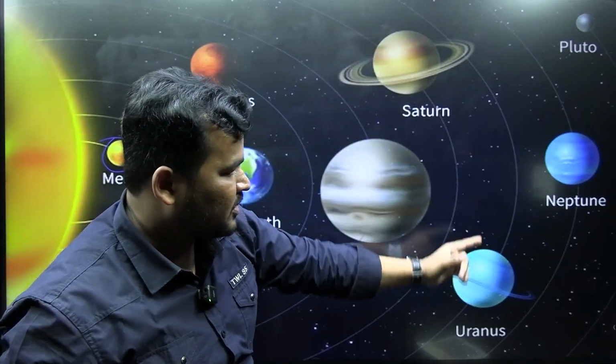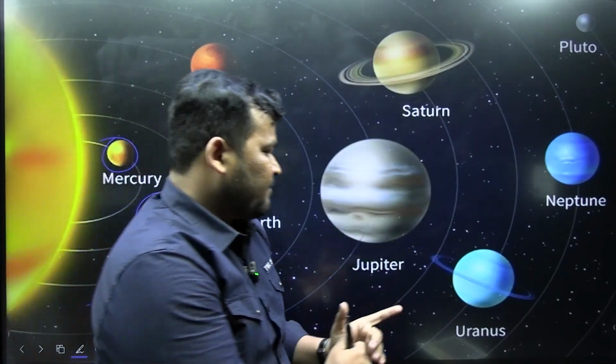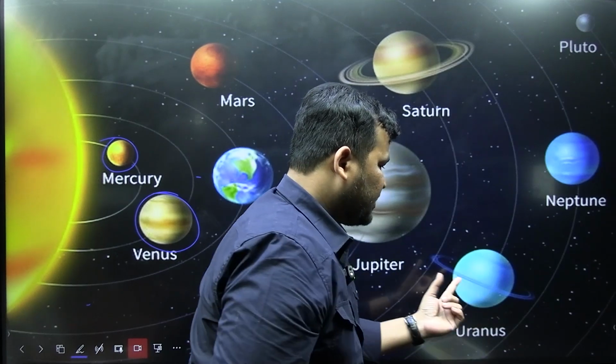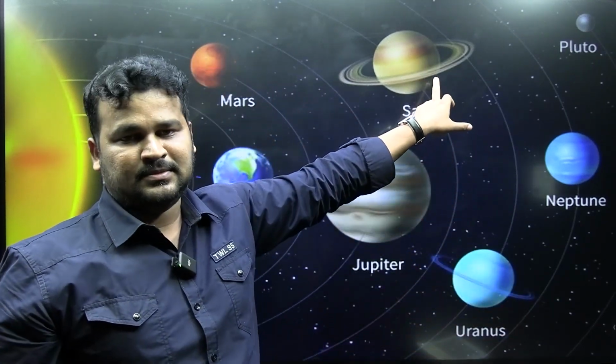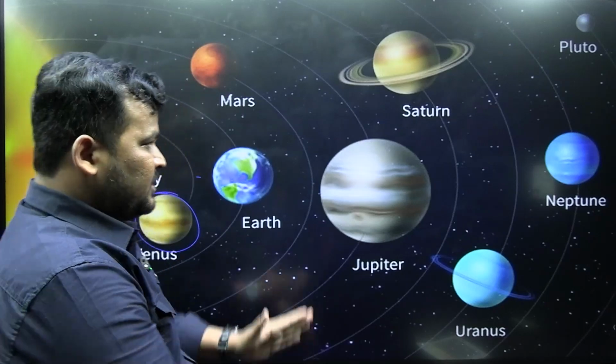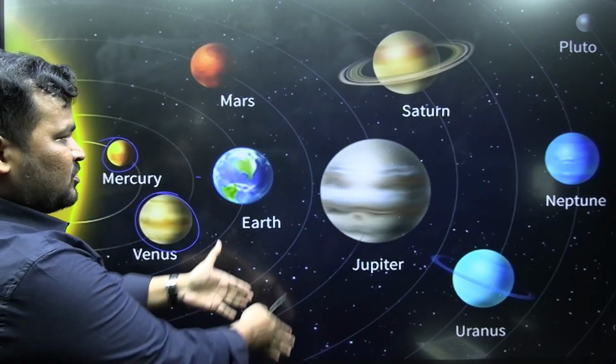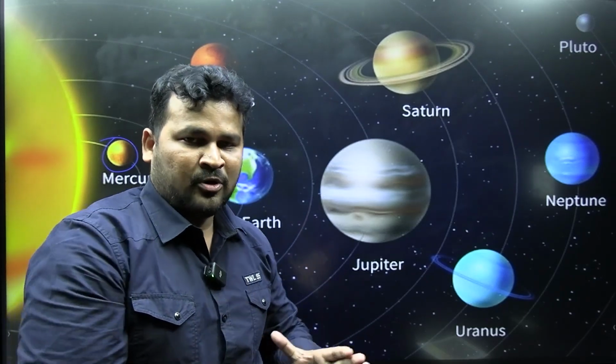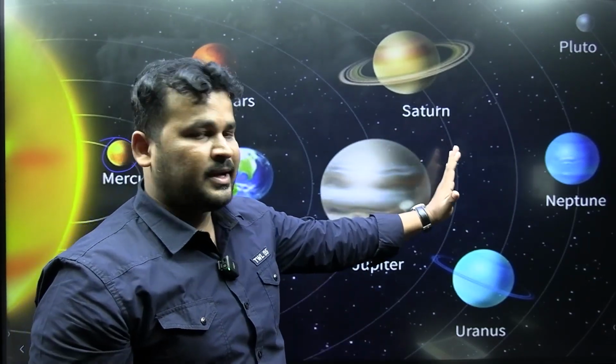Then Uranus. Even on Uranus, we can find rings similar to Saturn. Then Neptune, the 8th planet. In this solar system, you have to observe one thing: which of the planets are solid, and which of the planets are gaseous? We have to observe it.